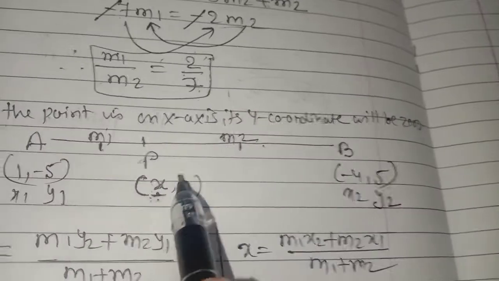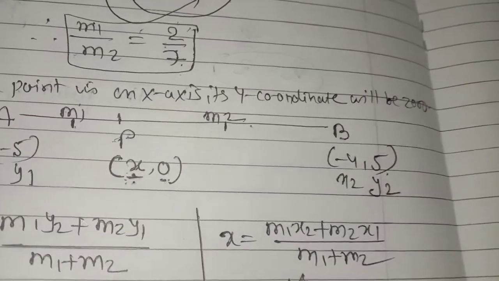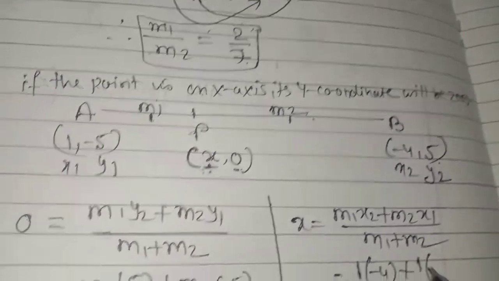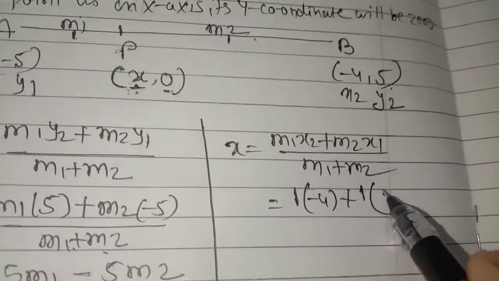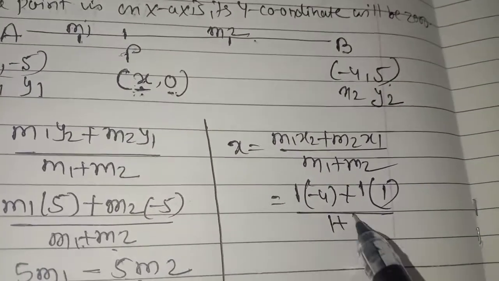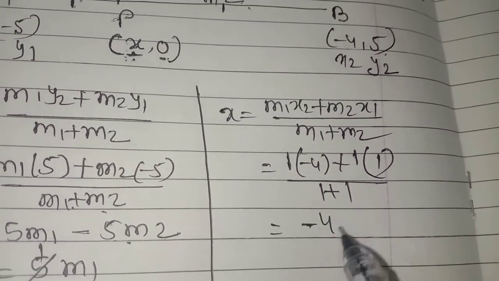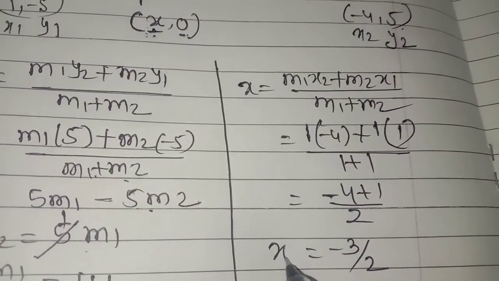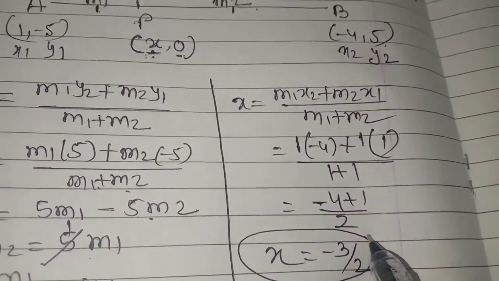X2, can you see here x2? It is minus 4, right? Plus M2. M2 is again 1 and the value of x1 is 1, upon 1 plus 1. So it is minus 4 plus 1 upon 2. It is minus 3 upon 2. So here we got the value of x, minus 3 upon 2.